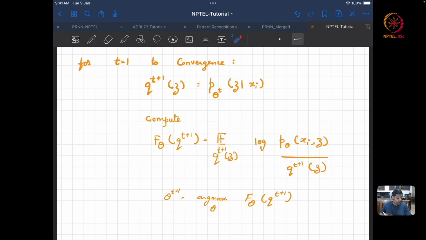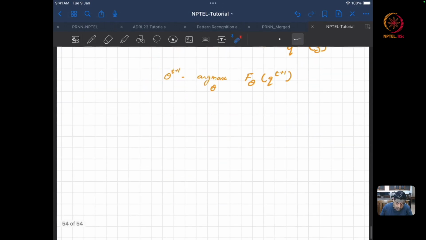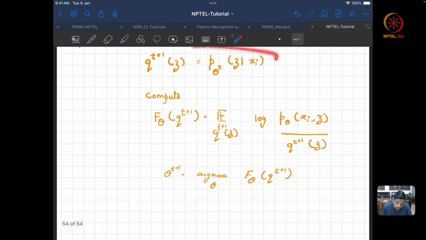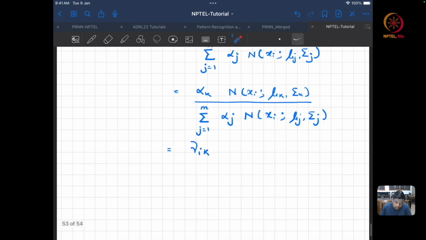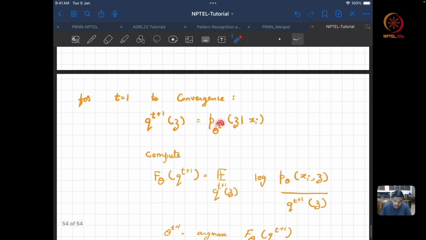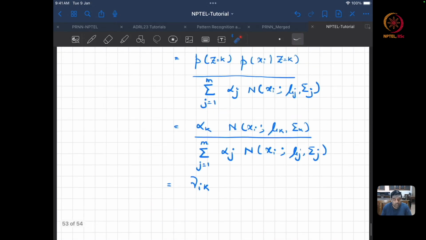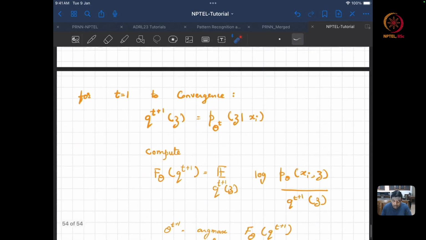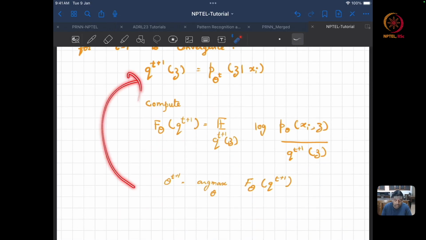Okay, so now coming to the E step. Now I have computed this just now. Now plug it in. For ease of notation, I am just removing this t. You obtain the parameters, then plug it in and go on doing the same thing. So you just reiterate the whole process until convergence.